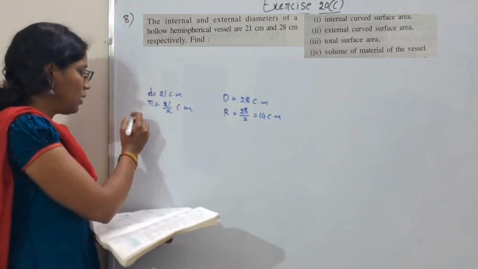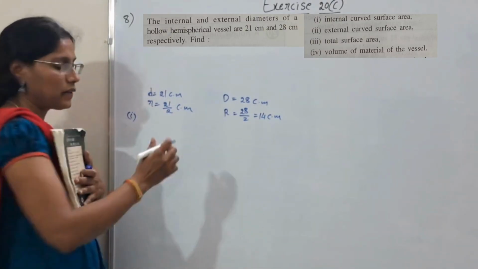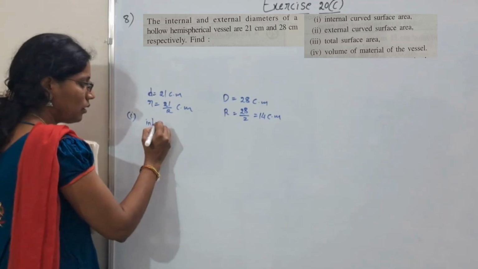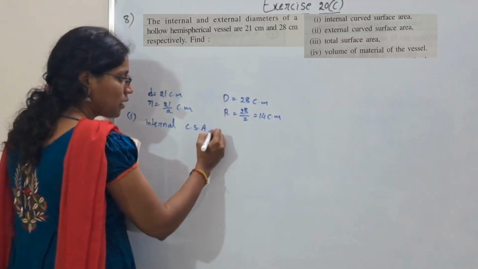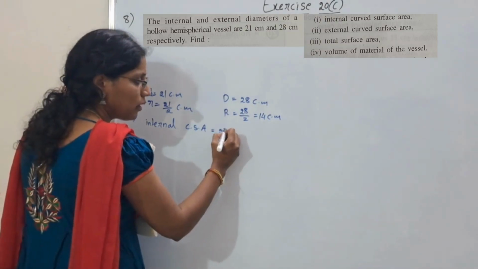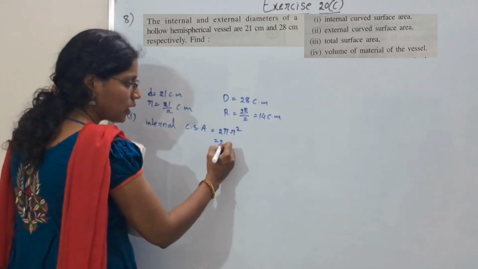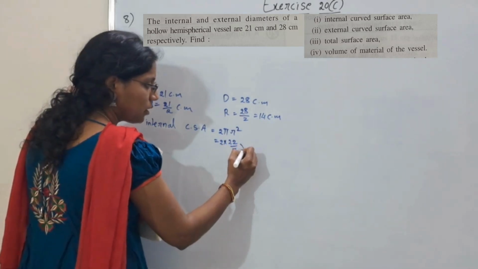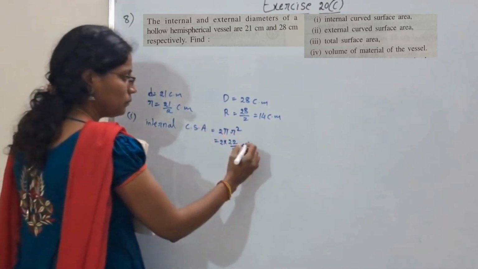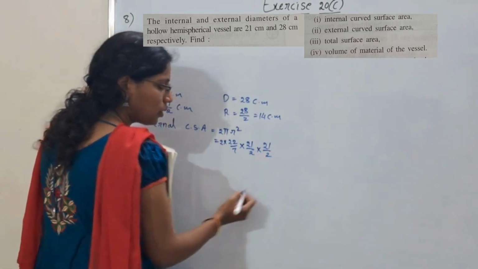First problem, internal curved surface area. Internal curved surface area is equal to 2 pi small r square. Here 2 into pi value is 22 by 7 into r value 21 by 2 into 21 by 2.